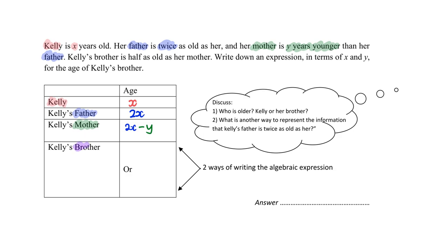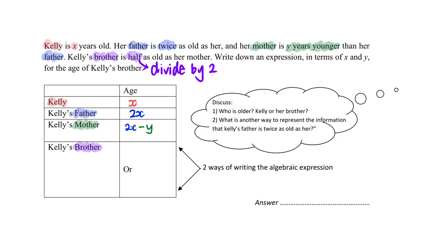And the last but not least, Kelly's brother. Brother is half as old as her mother. Means I divide by how many? Yeah, very good. Means divide by 2.